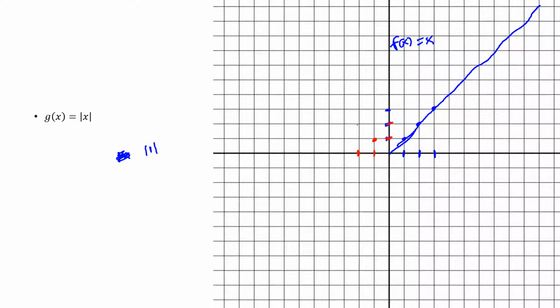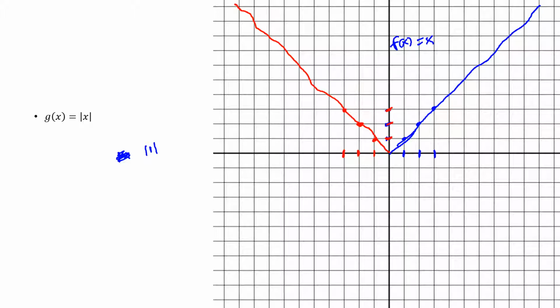It's 2 spaces. How far is negative 3 from 0? It's 3 spaces. And we can keep going, and we will end up with a graph that looks something like this. So the same graph that we mentioned at the beginning.